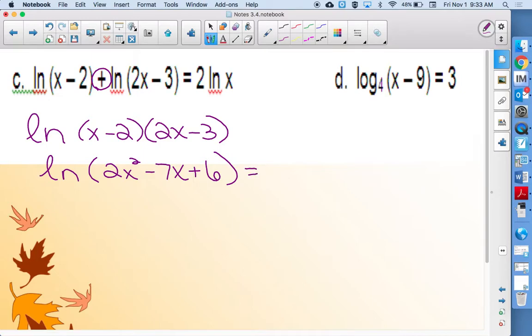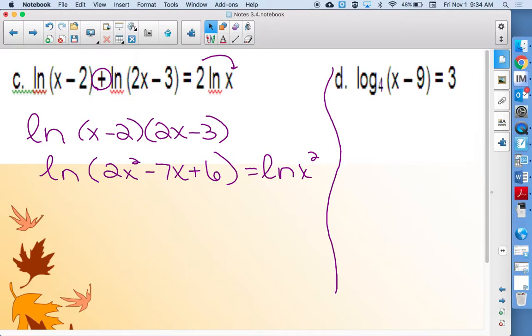On the other side, we have 2 natural log of x. Brenton, what could you do with that 2 natural log of x? Yeah, make it an exponent. So the 2 becomes an exponent and makes it x squared. So looking at what we have, there is a property that matches the information we have.